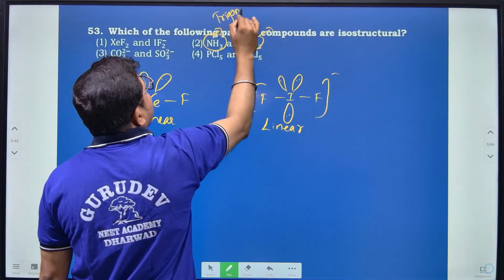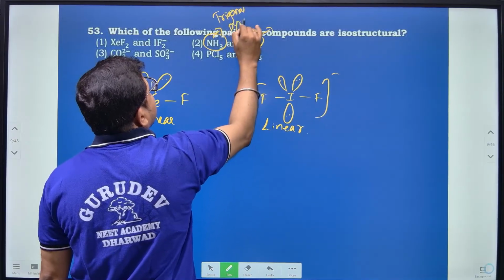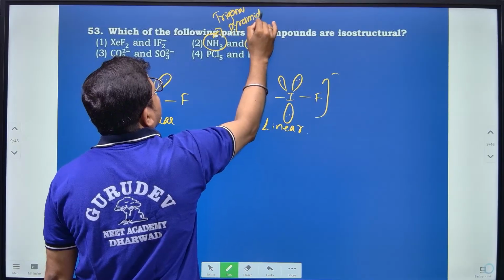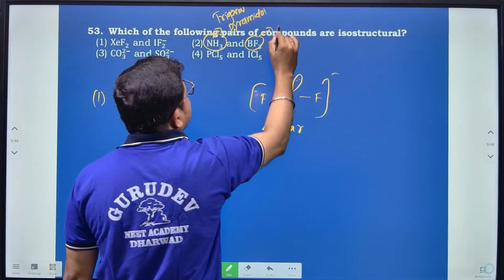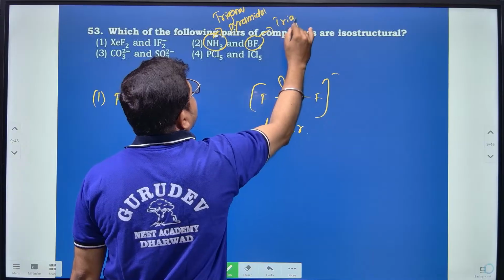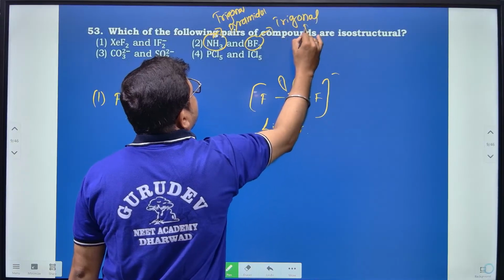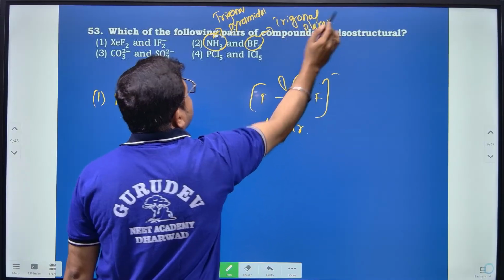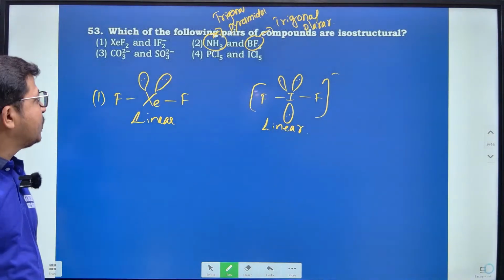NF3 is trigonal pyramidal, and BF3 is trigonal planar, right? Therefore those two are not isostructural.